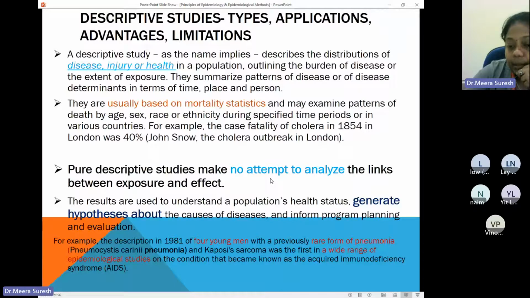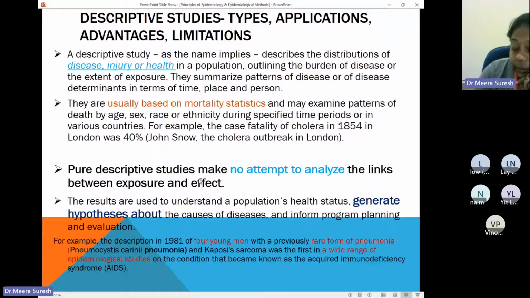There is no attempt to analyze the links between exposure and effect. Whenever a disease is coming, there is a reason for that. We always study etiology. The etiology can be a microorganism, as we learned in the germ theory, or, according to what we learned later, the web of causations, that's the exact term, sorry.